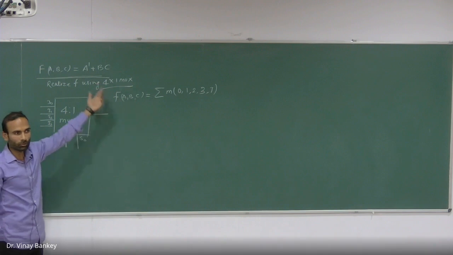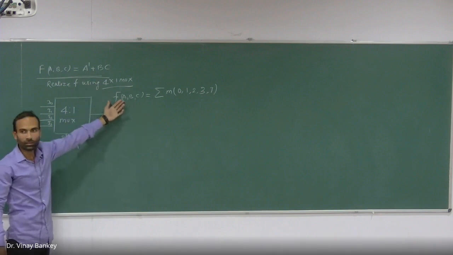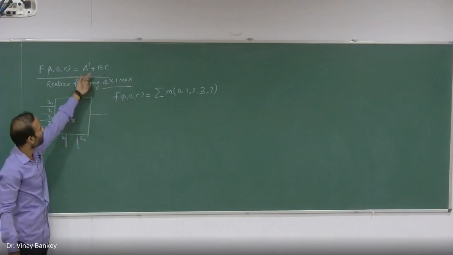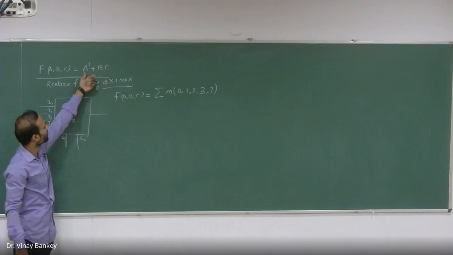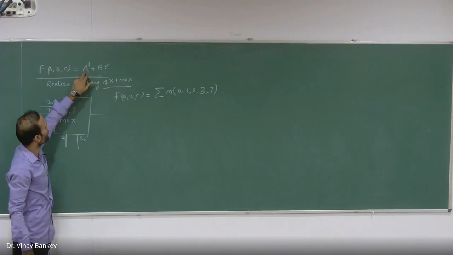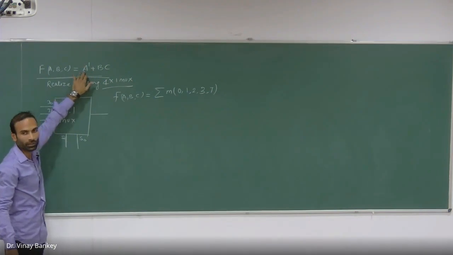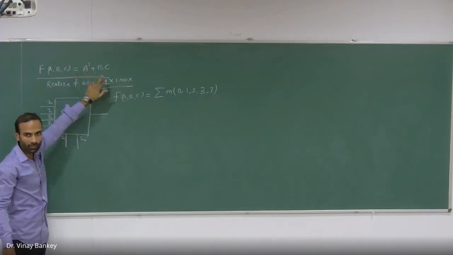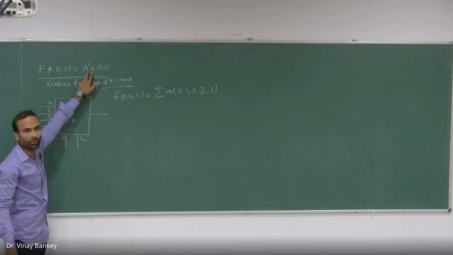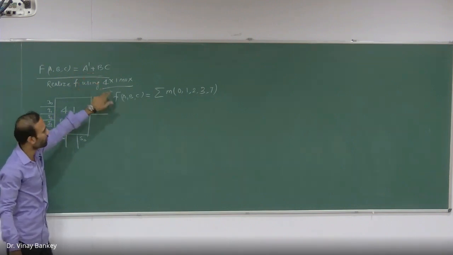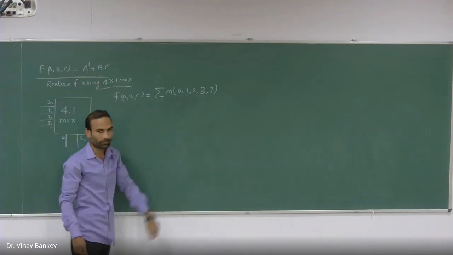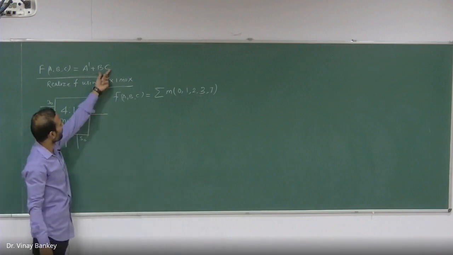Is there any problem to realize this? For A equal to 0, this term will have four min terms: A bar with B, C, where there are four combinations, and all will be 0, 1, 2, and 3. And this is BC.